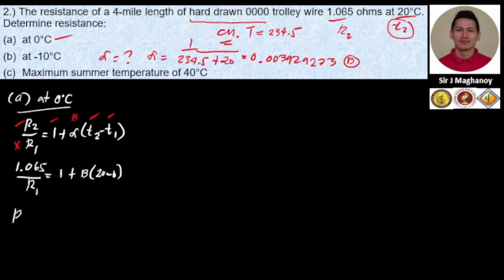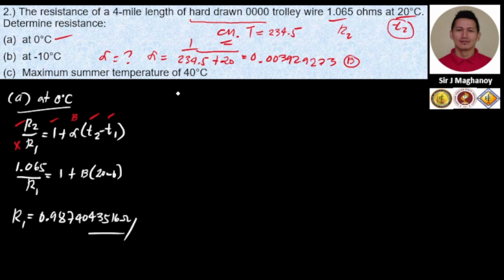Okay, so finally, solving for R1, R1 is 0.9874043516 ohms. Okay, so that is the value of your R1.